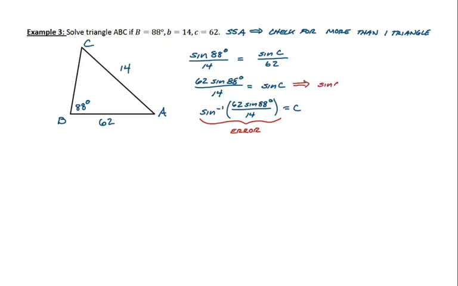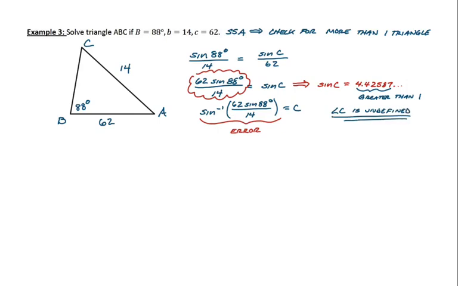So if I kind of work over there, 62 sine of 88 over 14 is 4.42587 something something something. And the idea there is sine of some angle needs to give me the value 4.42587, which will never happen, because if you remember when we were talking about graphing sine, the values of sine will only ever be between 1 and negative 1, which means sine of C will never reach the value 4.425, which means angle C is undefined.